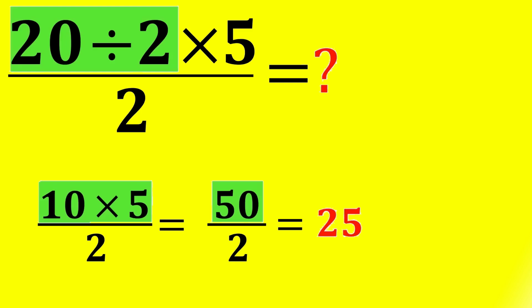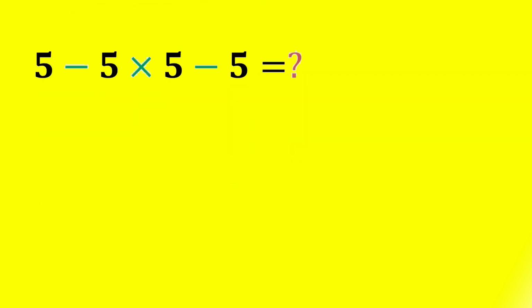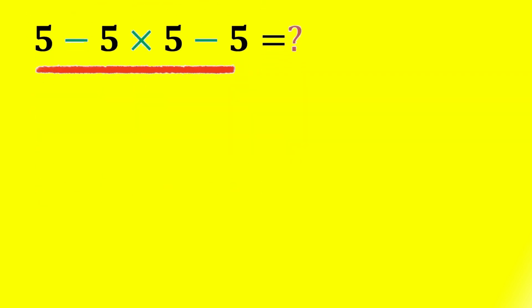Now that we understand the order of operations, let's put it into practice with a few quick examples. These 3 problems might look simple, but each one has a small trick hidden inside. And if you don't follow PEMDAS carefully, you'll get the wrong answer. Ready? Let's start with the first example. 5 minus 5 times 5 minus 5. According to the order of operations, we always do multiplication before subtraction.